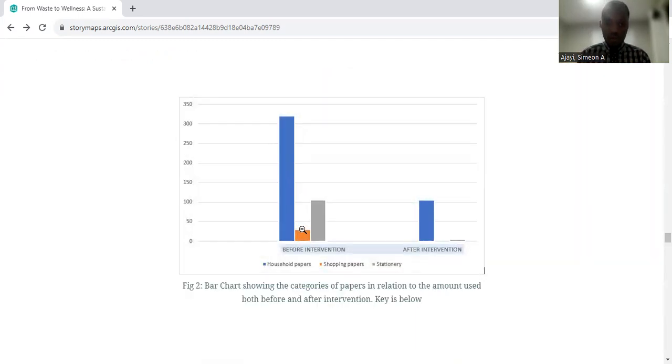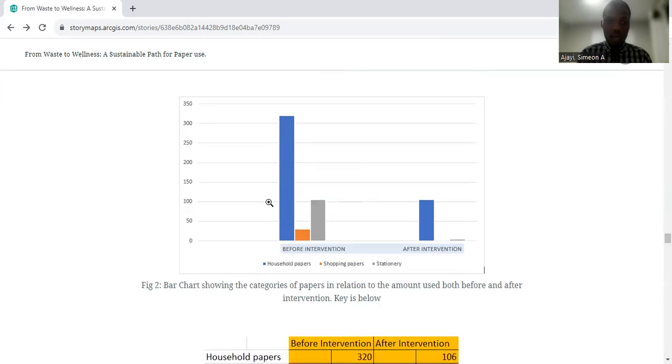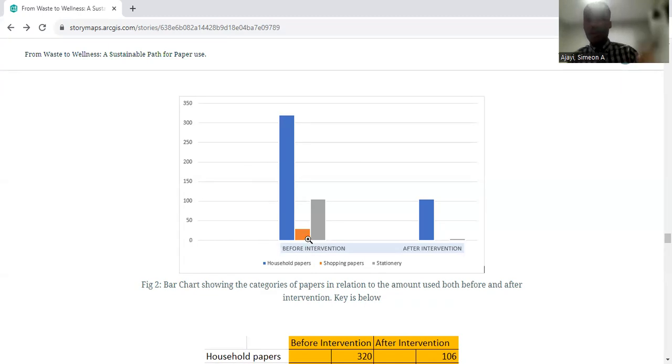So we can see here that before intervention, household paper really contributed a lot to the number of papers I used, followed by stationery, which is the printing papers, and then lastly the shopping papers, which is made up of the milk, the shipping product, and all those paper products.